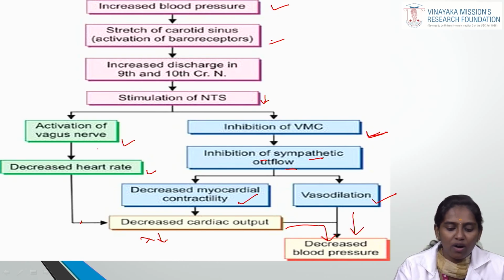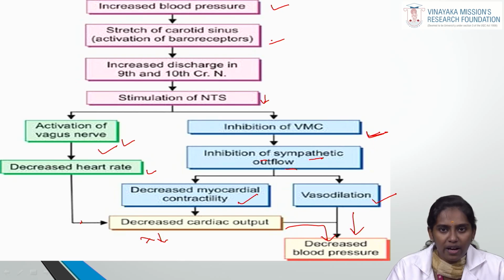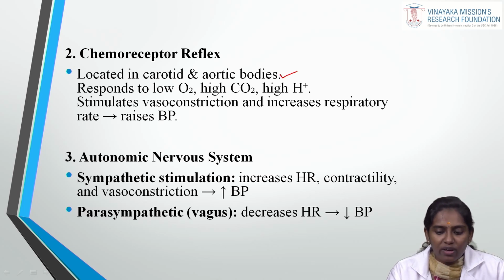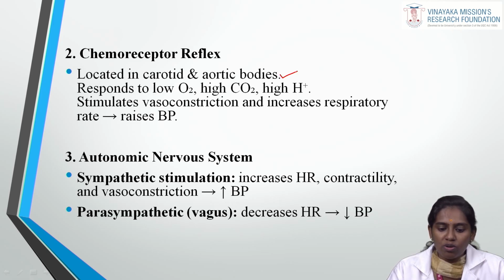Now you can understand how you can decrease BP by the vagus nerve and by inhibition of the vasomotor center. Then chemoreceptor. Chemoreceptors are located in the carotid and the aortic bodies. They mainly respond to the oxygen and carbon dioxide level.